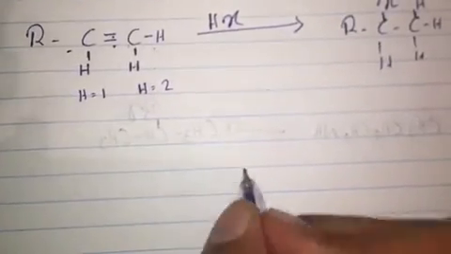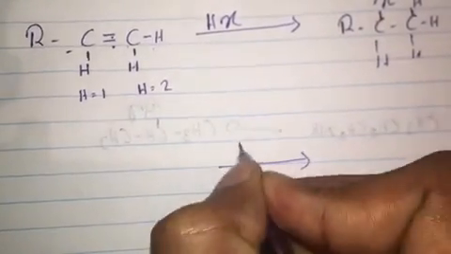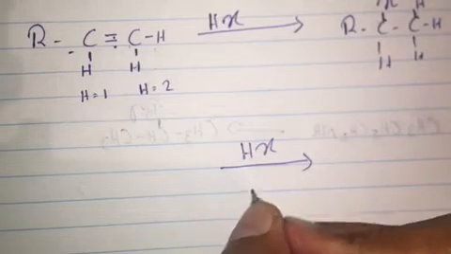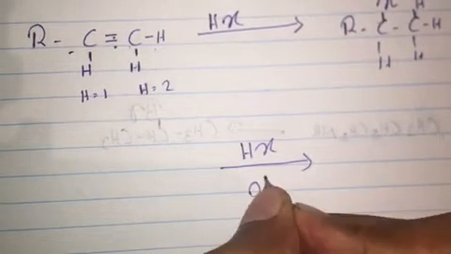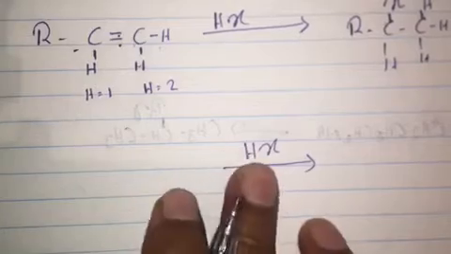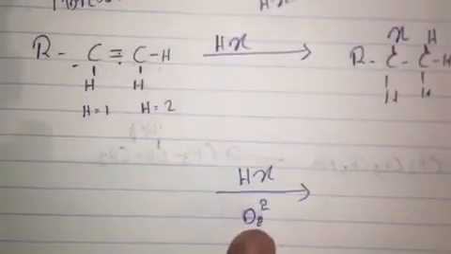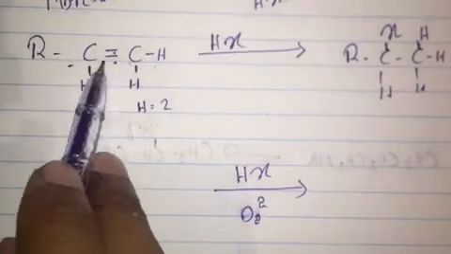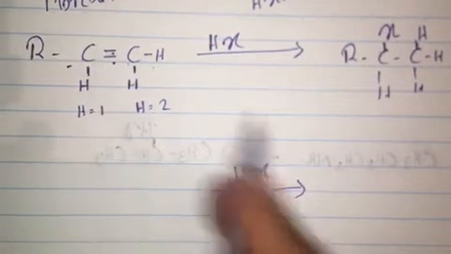Again I add HX, but in a peroxide medium. Thus this pi bond breaks.